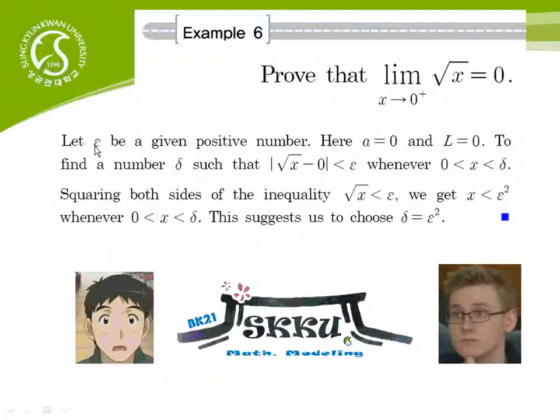For an arbitrarily small positive epsilon, all we have to do is find the delta such that if x is between 0 and delta, then the square root of x minus 0 is less than epsilon.